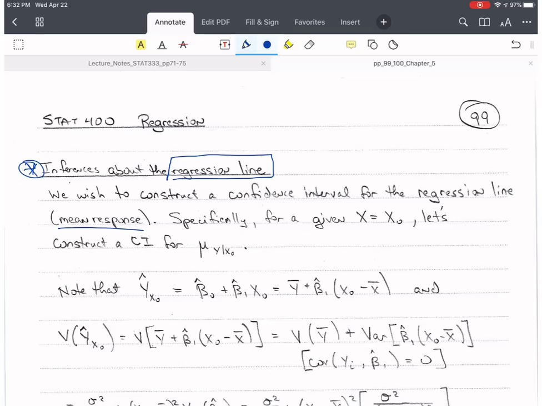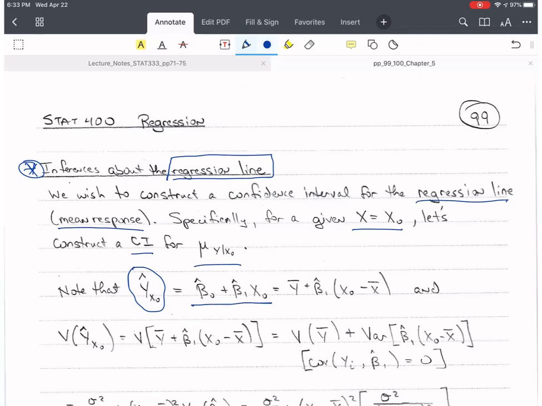And we wish to construct a confidence interval for that regression line, specifically for some given value of x sub naught. Let's construct a confidence interval for mu of y given x naught. So about that mean value. This can be written as y hat of x naught.